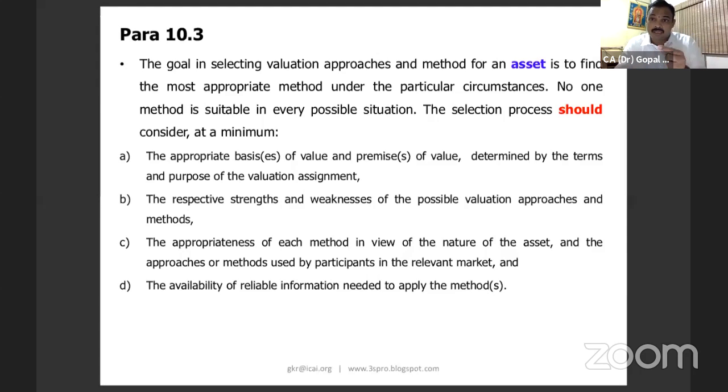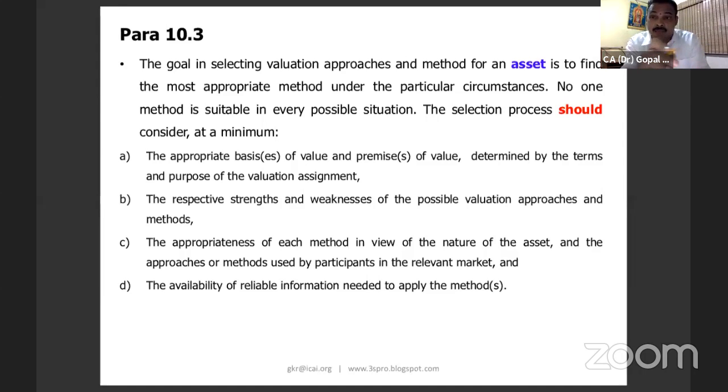So that means if I have to select an approach, I should have basis and premises. Without that, I cannot go far. Without considering basis and premises, you shouldn't go for approaches. This is what I mentioned. That is why the hierarchy: purpose, next is basis, then premise, then only approach. Because for approach, you need these two. Determined by the terms and purpose of valuation, purpose.